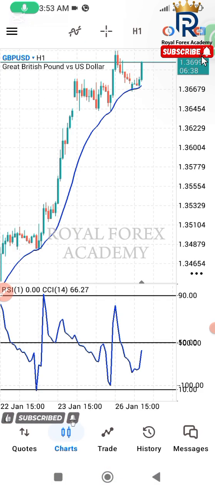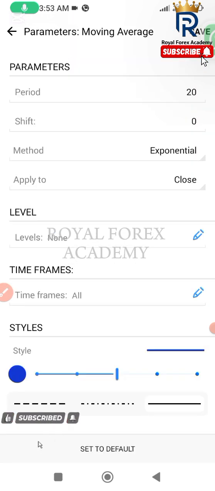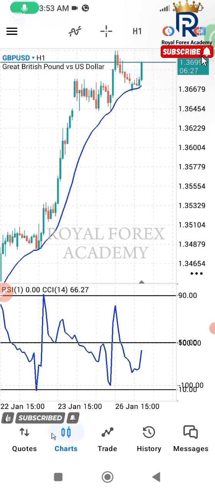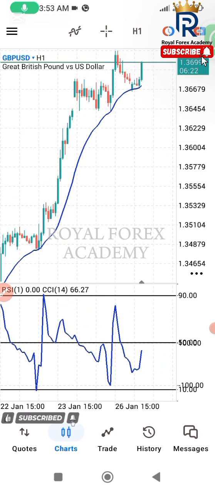This moving average 20 method is exponential, just as you are seeing. The moving average 20 shift to 0, the method is exponential. It's one of the best indicators that can help us in a very strong, healthy trend such as this.